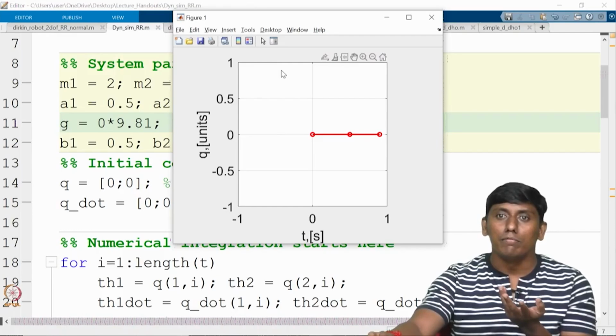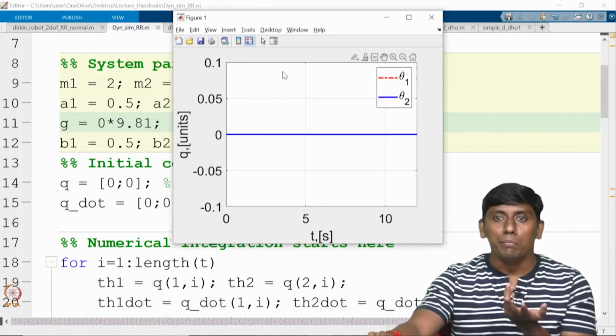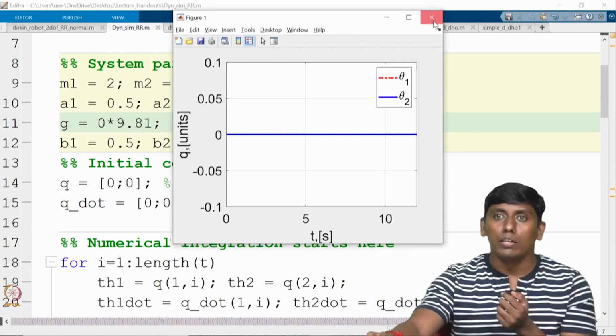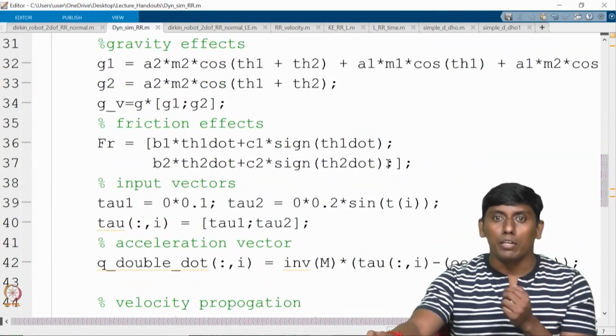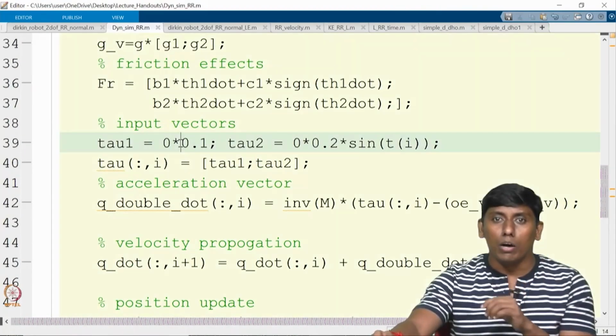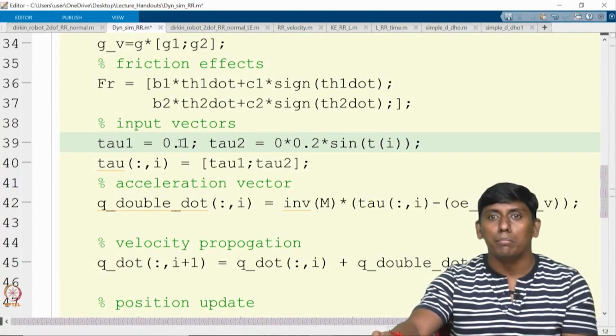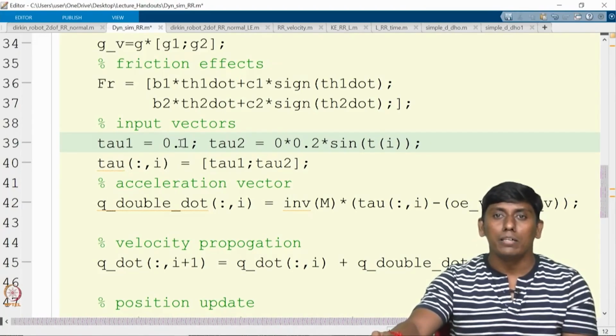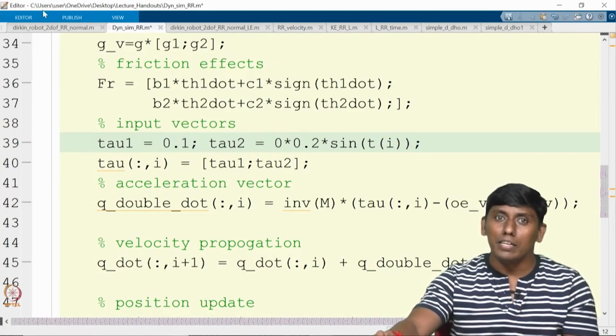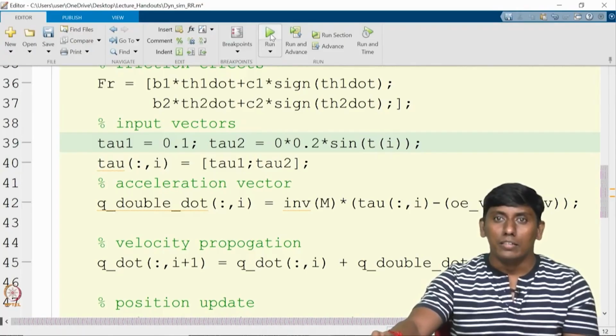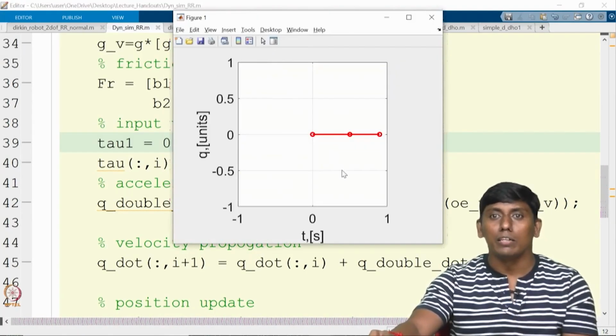So obviously the system will remain the same. Now if you provide inputs tau 1 and tau 2, just for demonstration, I assume tau 1 is 0.1 Newton meter. So what can one expect? Will the second link remain the same? No, because there is an interactive effect, which you can see.